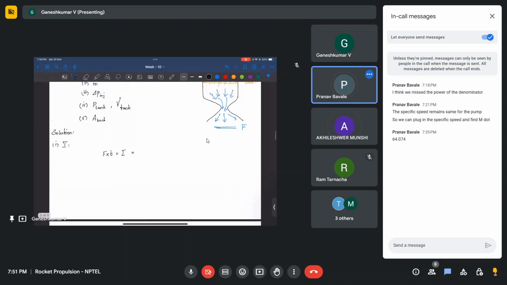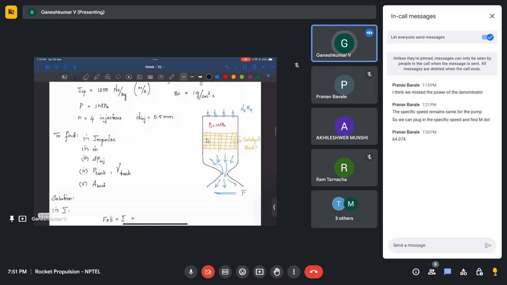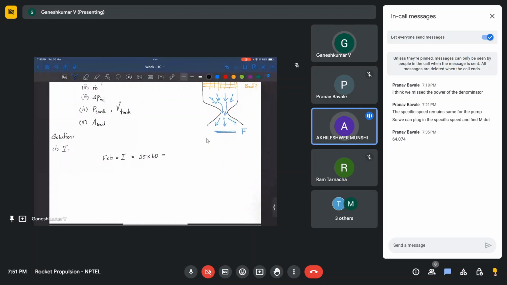Yes, sir, so it's going to be 25 into 60. Impulse is basically the sudden change in momentum that occurs due to application of force. Correct. So impulse is nothing but change of momentum. Force is nothing but rate of change of momentum. Exactly. Multiplying it by time will give us the impulse.